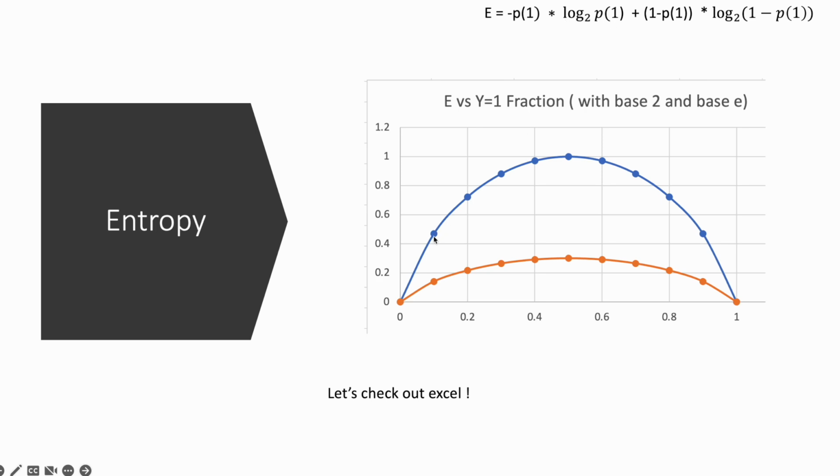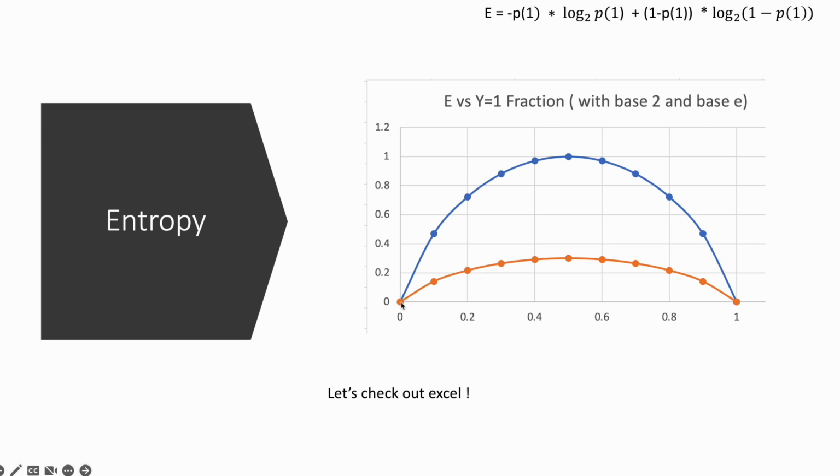But for the practical purpose of calculating this, when P1 is equal to 0, then 0 into log 0, we consider this whole element as 0, not undefined. This is a small assumption we make to ensure the curve meets at 0 and 0, so at both 0 and 1 on the x-axis, our entropy becomes 0.